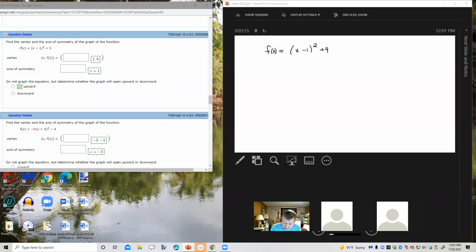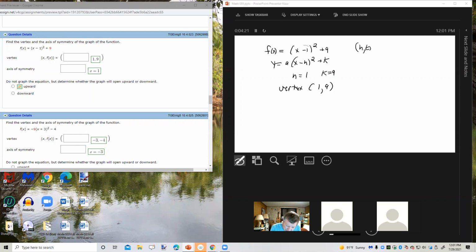So the vertex is going to be at h, k. And if we think of this as y equals a times x minus h squared plus k, then h equals 1 and k equals 9. So the vertex would be at 1, 9.